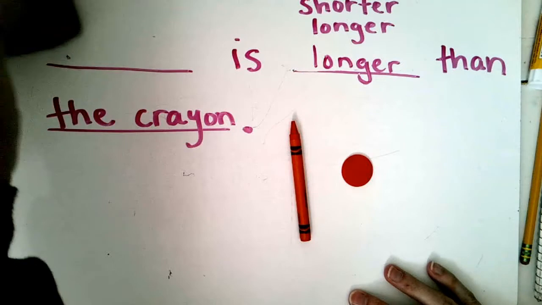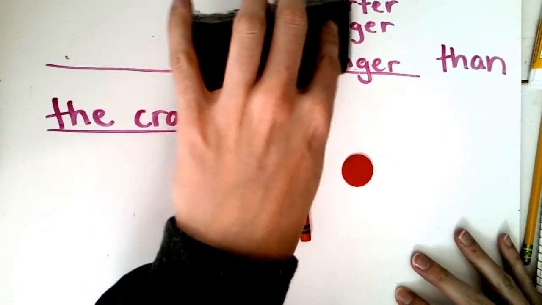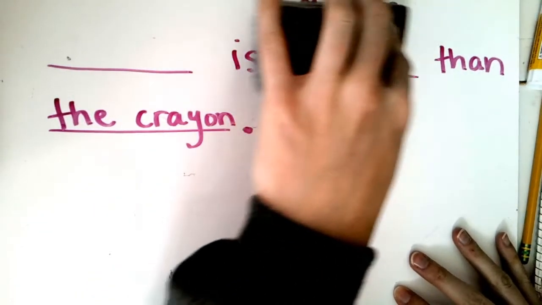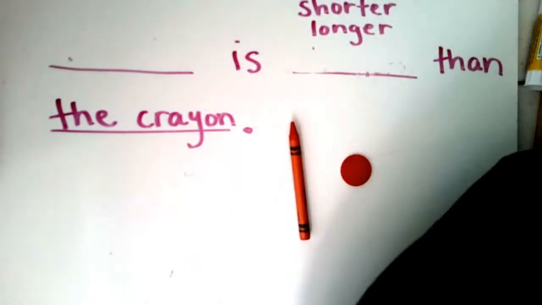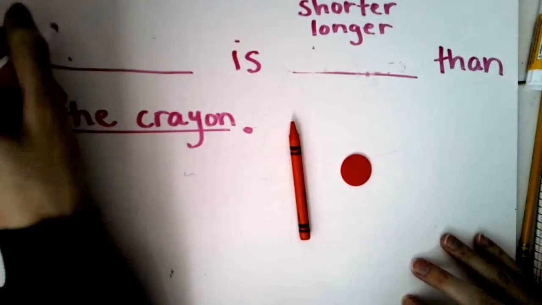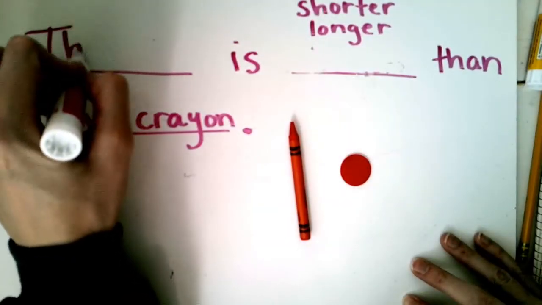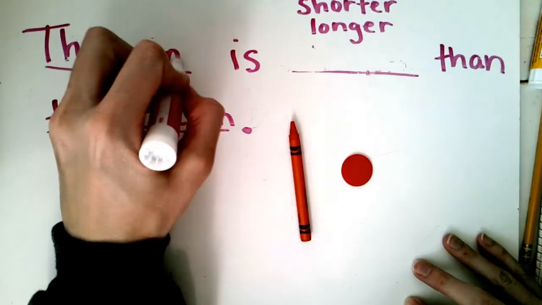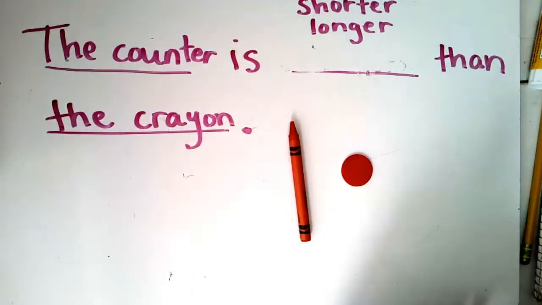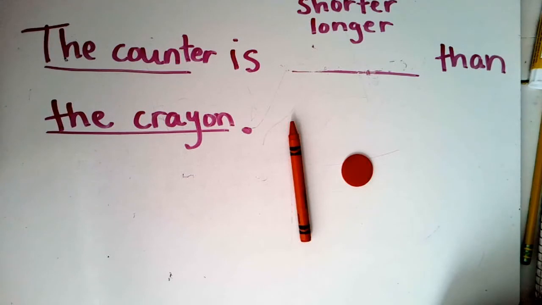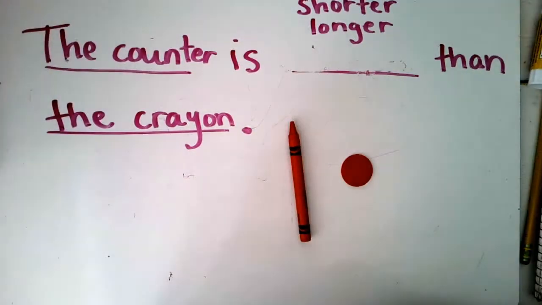Decide about that counter. Compare the counter to the crayon. The counter is blank than the crayon. Well, let's see. Are mine lined up to measure right now? Nope.